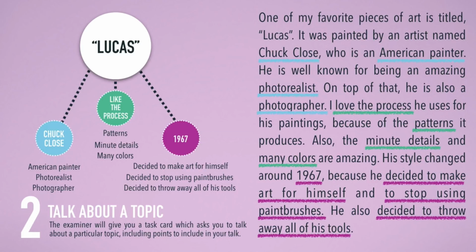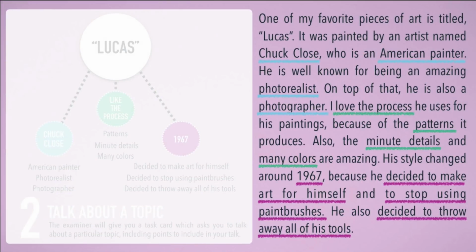Chuck Close, American painter, photorealist, photographer, love the process, patterns, minute details, many colors, 1967, decided to make art for himself, to stop using paintbrushes, and finally decided to throw away all of his tools. But let's see what patterns we need to use to connect all of this information. Okay, our response or answer to the topic looks like this.